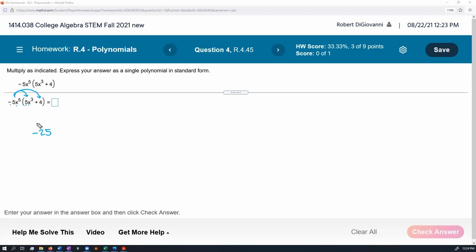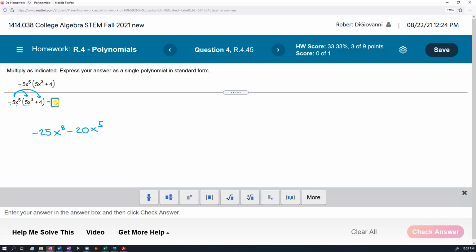I add the exponents. 5 plus 3 is 8. And that gives me my first term. Then I distribute the second one. So -5 times +4 gives me -20. And then all I have is the x to the 5th that's there. So -25x to the 8th minus 20x to the 5th.